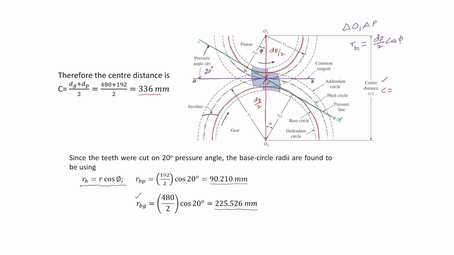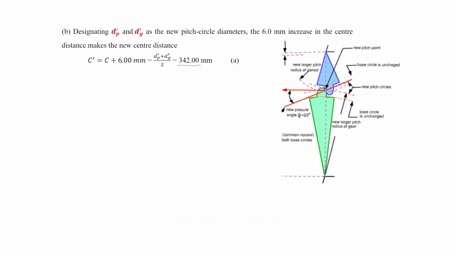Earlier the center distance C was 336 mm. Now it is 342. It has increased by 6 mm.